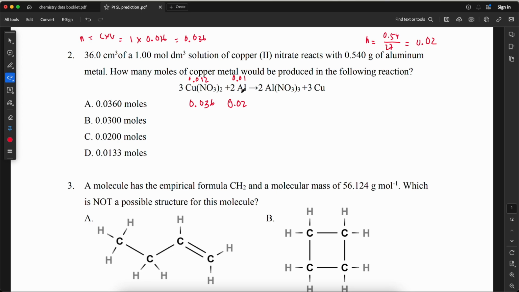Therefore Al will be used up, so we refer to the Al. This is the limiting reactant. So to calculate the mole of Cu, 3 divided by 2 mole ratio times 0.02, which is 0.03 mole Cu.